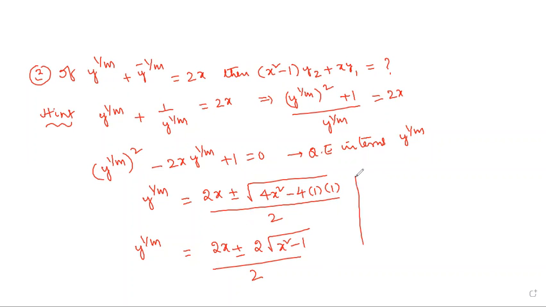Then we get y power of 1 by m is equal to x plus or minus root over x squared minus 1. Any one we can take, so take plus. Therefore, y is equal to (x plus root over x squared minus 1) whole power of m.